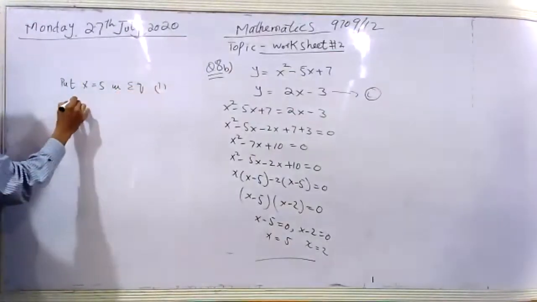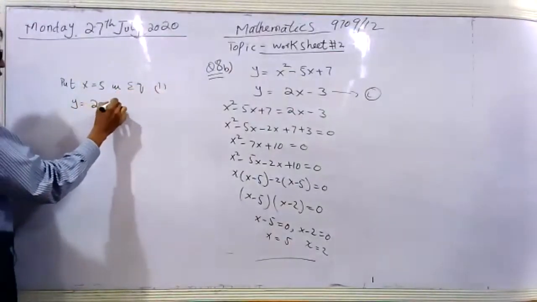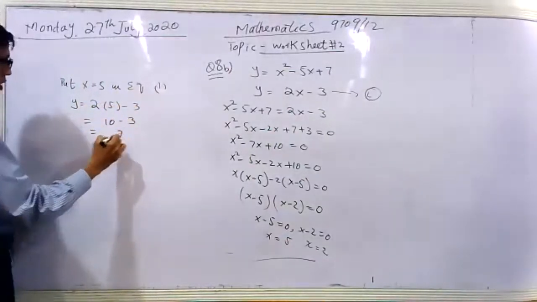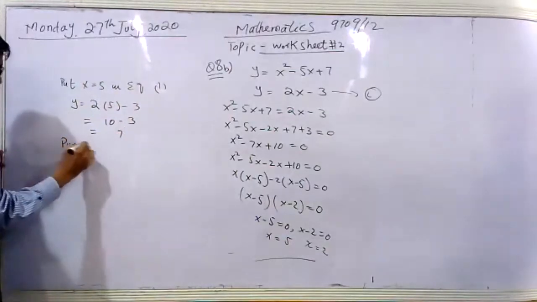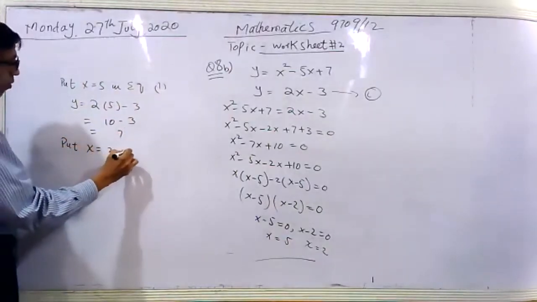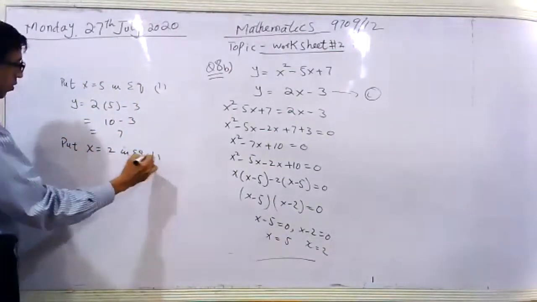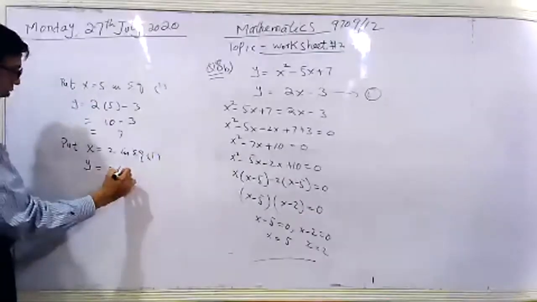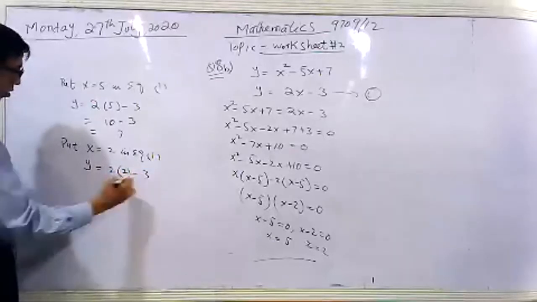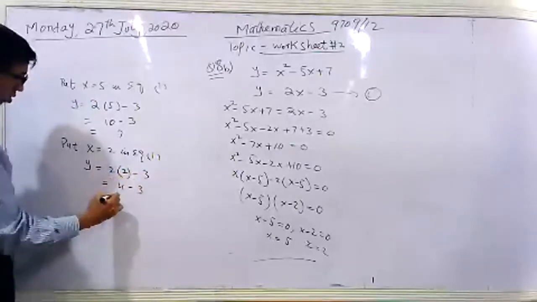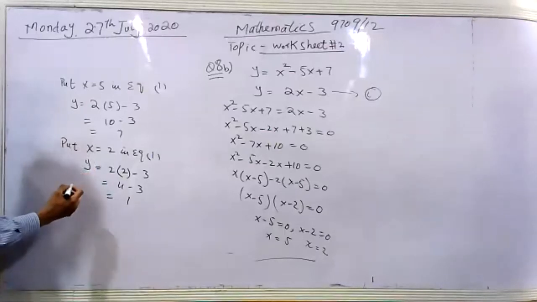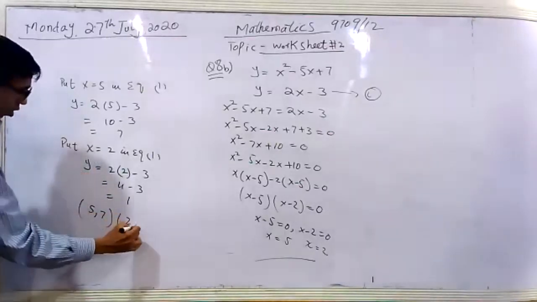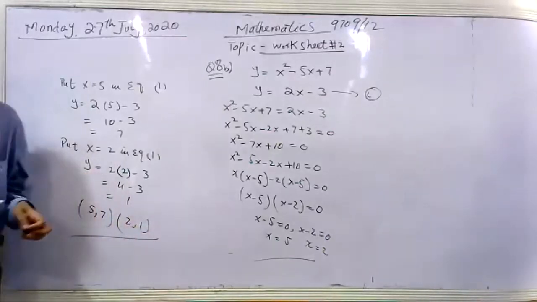Now we have, now you have the 2 points of intersection: (5, 7) and (2, 1). These are the 2 points of intersection.